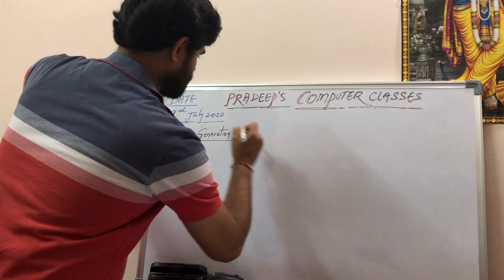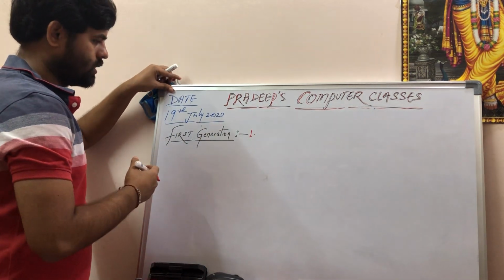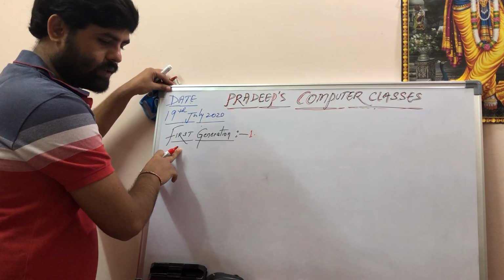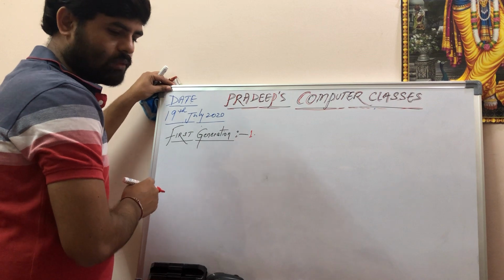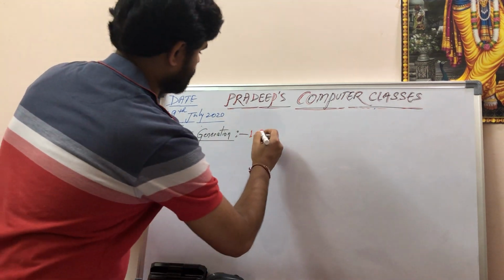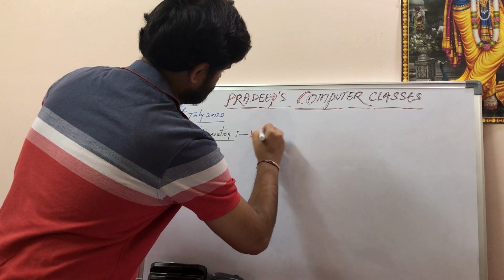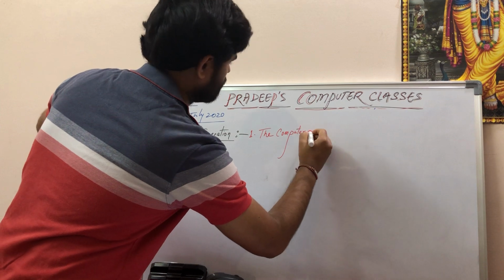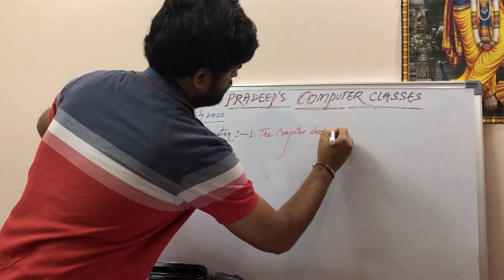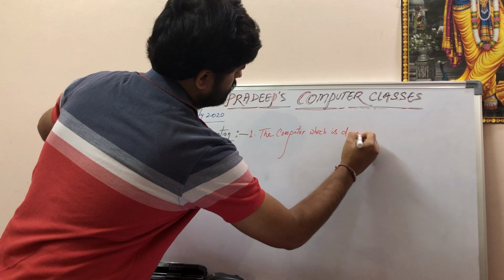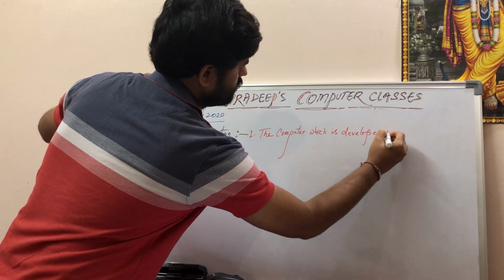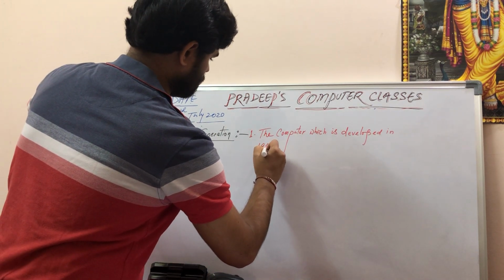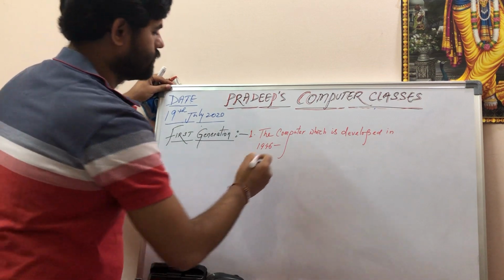You can also write them down so that you save time and can understand when I explain. So, first generation: the computers which were developed in 1946 to 1959.